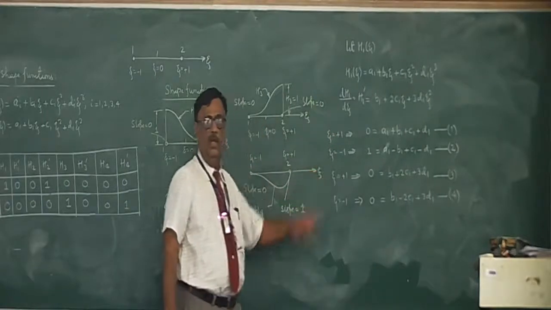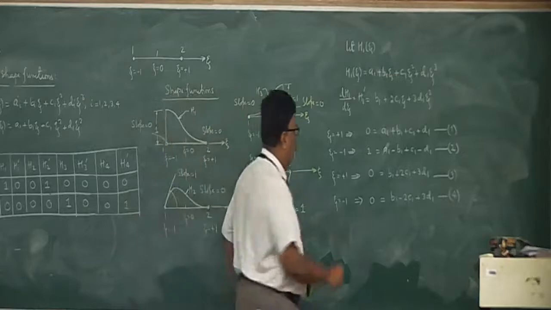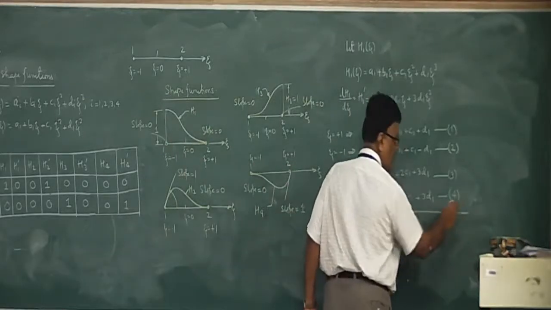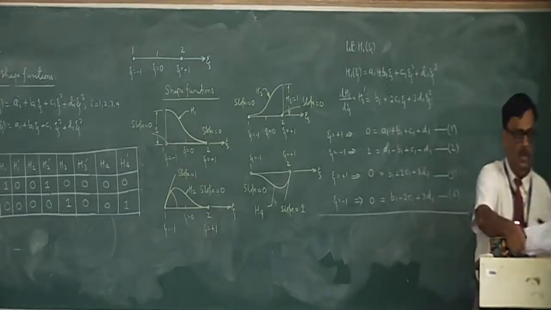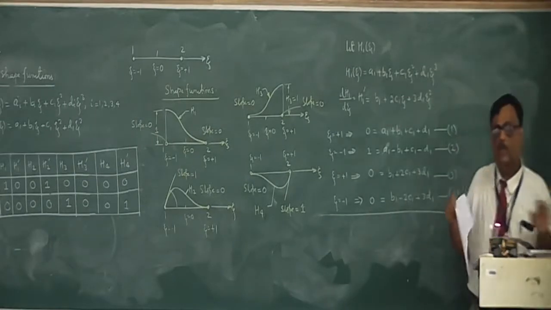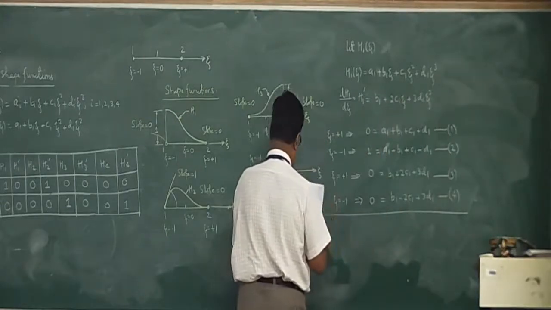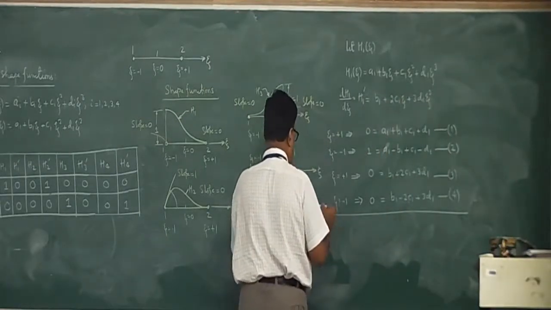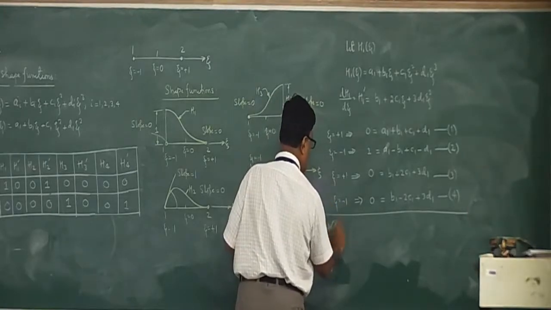So these are the 4 linear equations I have to find out the 4 unknown constants. If I go on finding the combination of these equations and start evaluating these, I will be getting the corresponding values of these shape functions. For example, let us take equations 3 and 4.